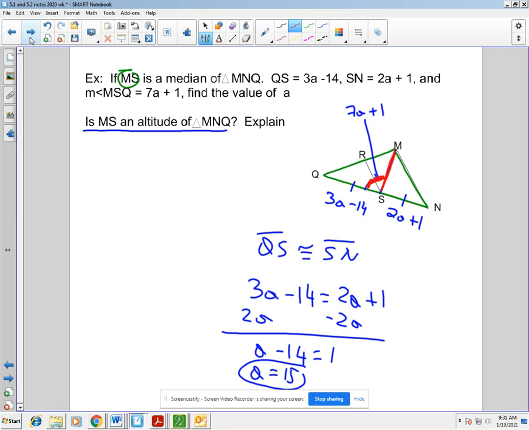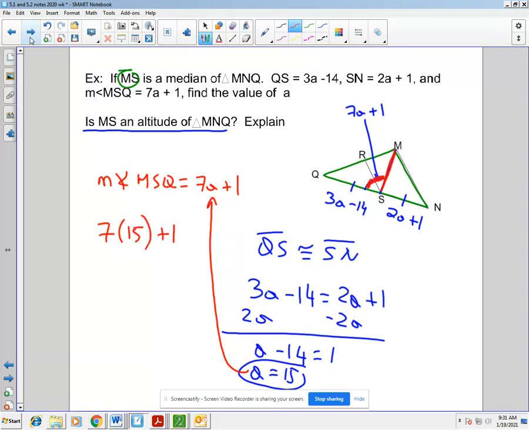So how do you check it? We just told you that the measure of angle MSQ is equal to 7A plus 1. So let's substitute 15 for A. So you get 7 times 15 plus 1.